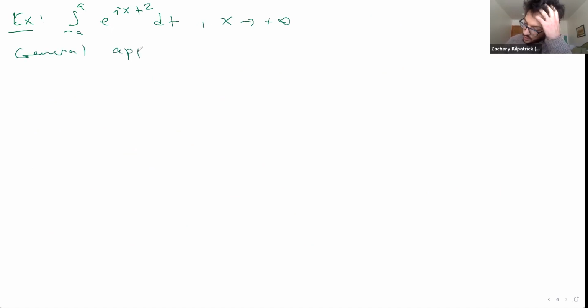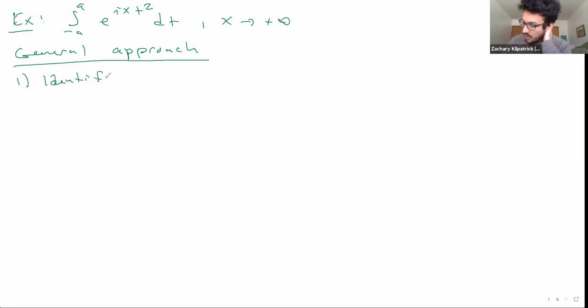Now, what's our general approach in this case? So now let's walk through these steps in a specific example. We want to start by identifying the critical points of the integrand, okay? So what are they?